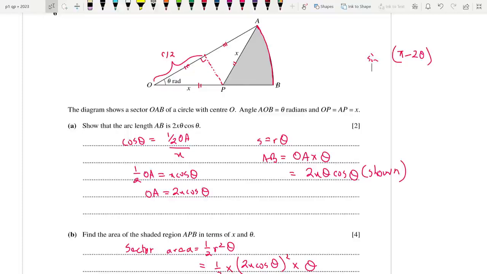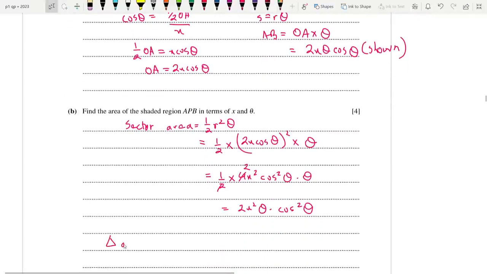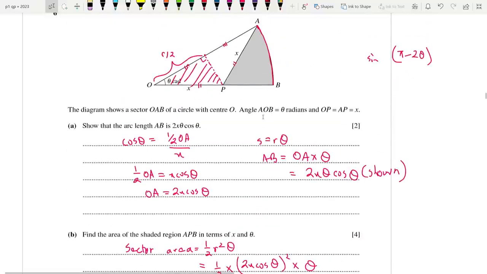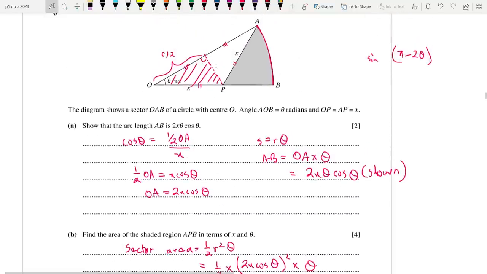So why don't we find out the area of this right angle triangle, which happens to be triangle area is equal to half into base. The base is half times OA, which is x cos theta. Half into base into height. So what is the height exactly?